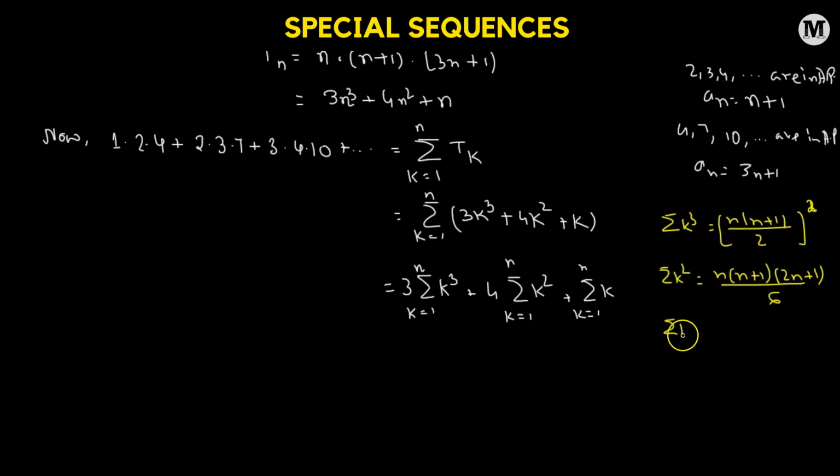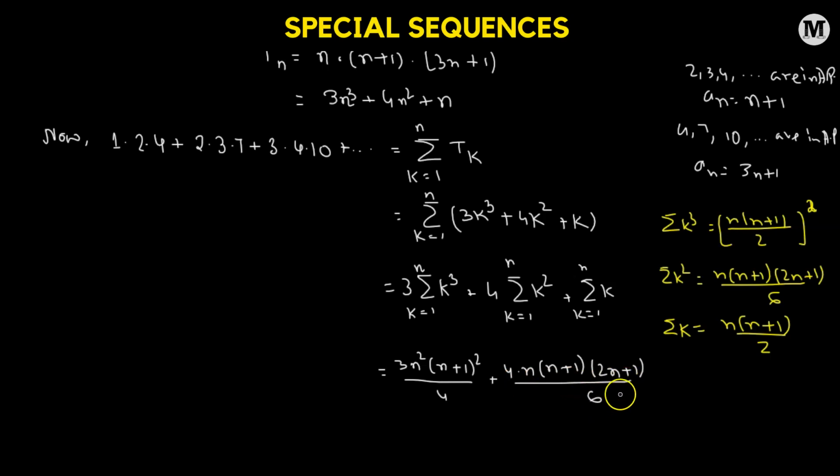Then summation k equals n times n plus 1 divided by 2. Okay, let's use that. So we get 3 times n squared multiplied by n plus 1 whole squared divided by 4, added to 4 times n plus 1 times 2n plus 1 divided by 6, added to n times n plus 1 divided by 2.